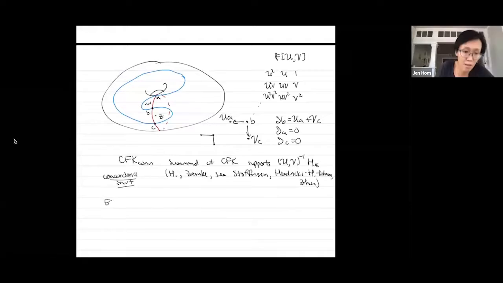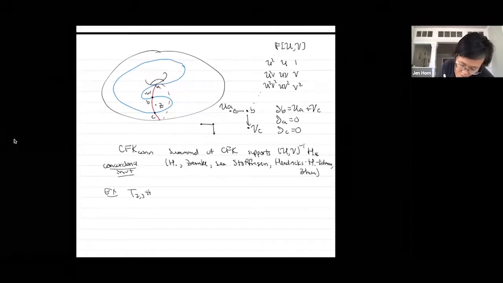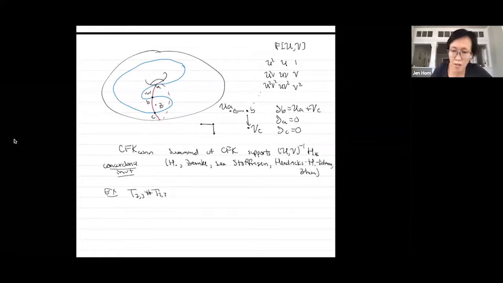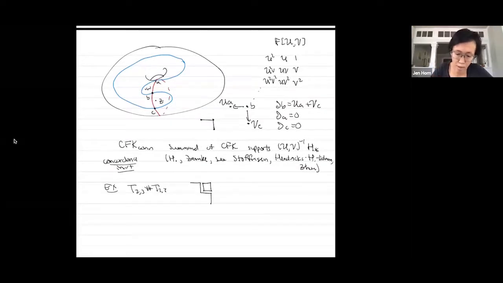So let's take a look at some examples. For example, if you look at the connected sum of the trefoil with itself, if you want to draw a picture of its complex, it looks like this. Great. And then the summand that supports this localized homology is this staircase piece right here.